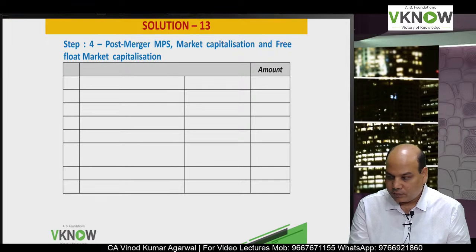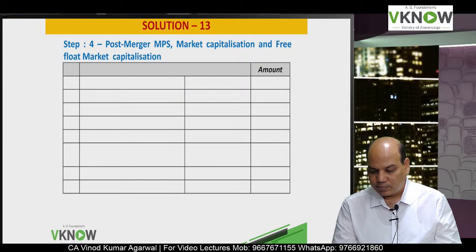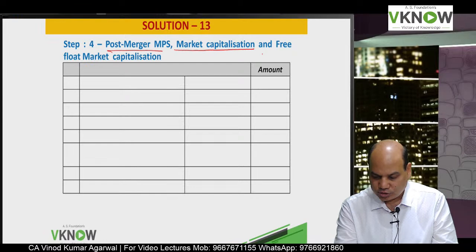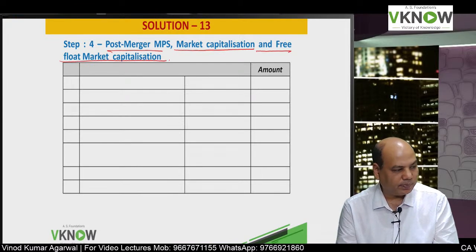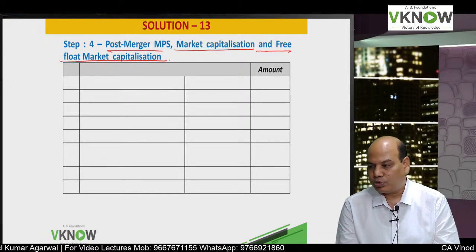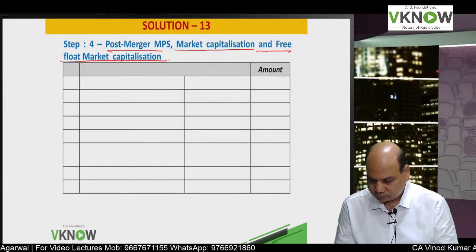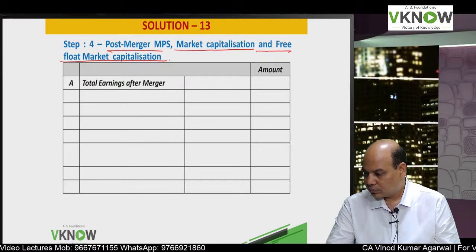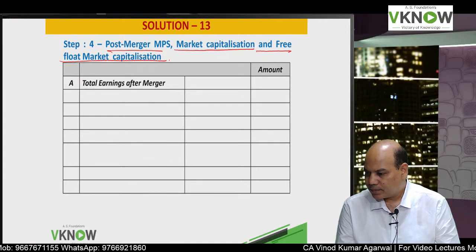First, write down step number 4, heading post-merger EPS, post-merger MPS, post-merger market capitalization, and post-merger free float market capitalization. Under that, write down A, total earning after merger.